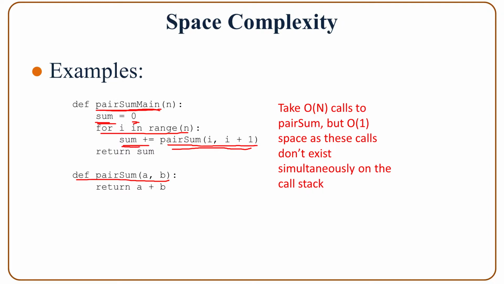And this is iteratively called. So here we make O of n calls to pair sum, but only O of 1 space was used, as the calls don't exist simultaneously on the call stack.